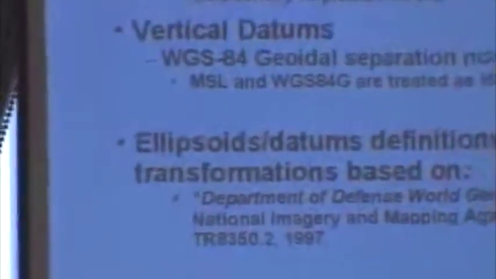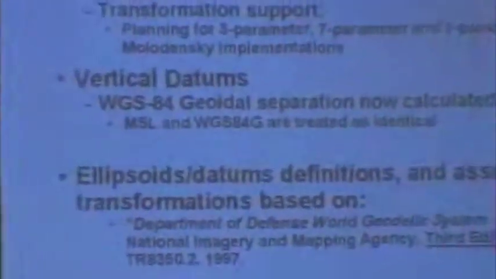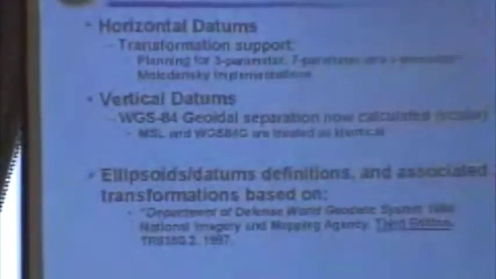We've talked about horizontal, basically the horizontal datums. That's where you've changed your oblate spheroid, basically, not only its shape, but its position. And there's a limited support we're planning for these algorithms called 3-parameter, 7-parameter, and 3-parameter Molodensky.